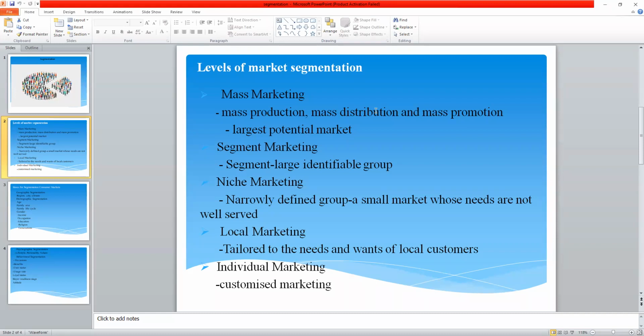Because of today's digitization, internet penetration and the evolution in technology, it has become much easier for companies to go for customized marketing. So this segment marketing is a midway approach. It stands in between mass marketing and individual marketing.